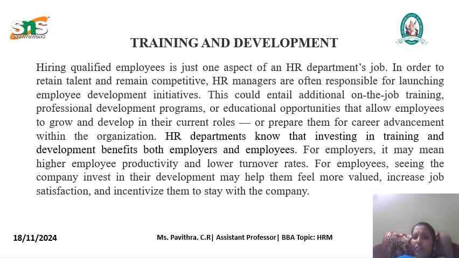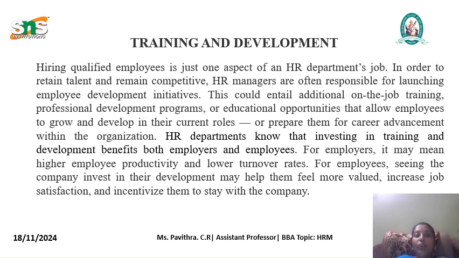Whereas what is the benefit for an employee? The employee would feel more secure and happier that the organization is investing in their development and personal growth. This leads to high job satisfaction for an employee. That is what we have been discussing in training and development.